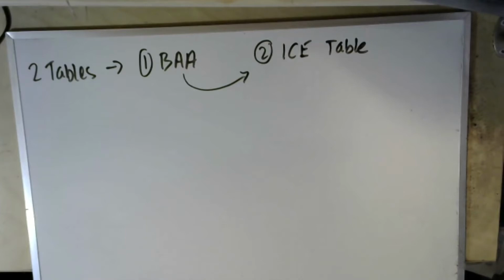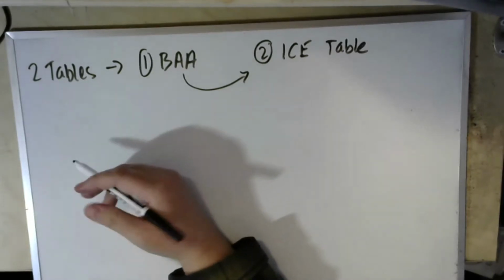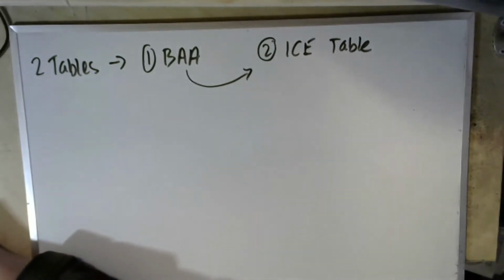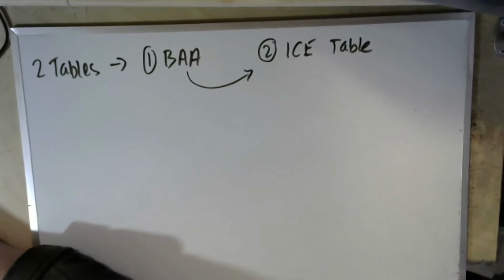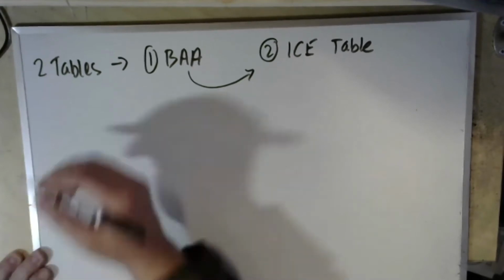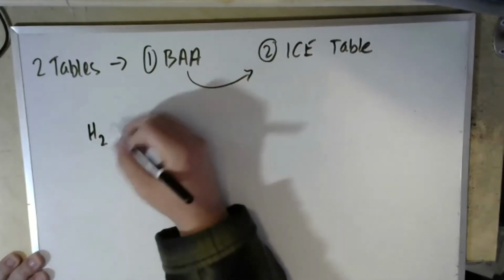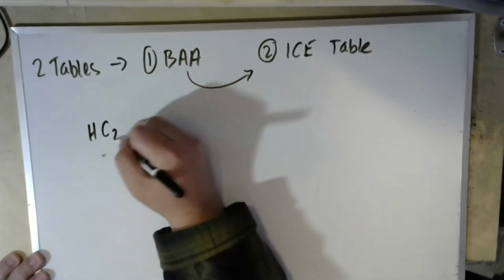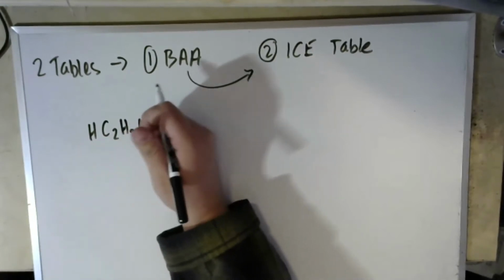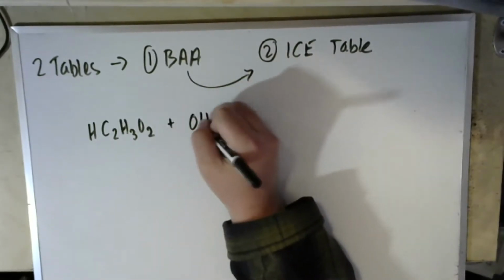Okay. So here, they're telling us that we have this acetic acid sodium acetate buffer. So we're going to start by making up a little table to track the changes that are happening here. All right, so we have some acetic acid, and we're going to be adding sodium hydroxide to it.